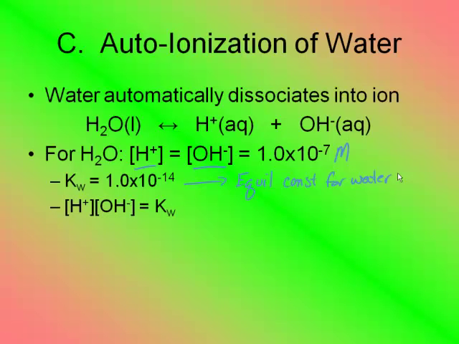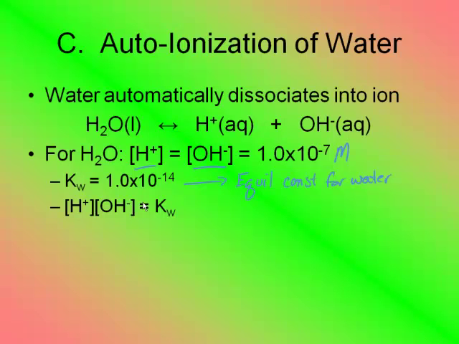And what we also know, and we've done this on a previous slide, is that the concentration of H+ times the concentration of OH- is exactly equal to Kw. So the concentration of H+ times OH- is exactly equal to 1.0 times 10 to the negative 14, which is why we are able to calculate H+ from OH- concentrations or from pH, etc., like we did on one of those early charts.